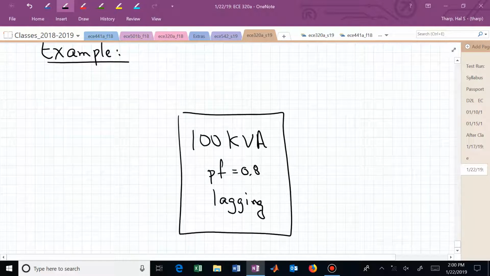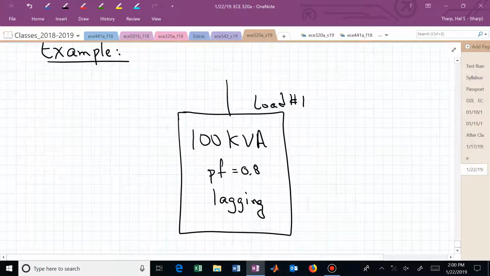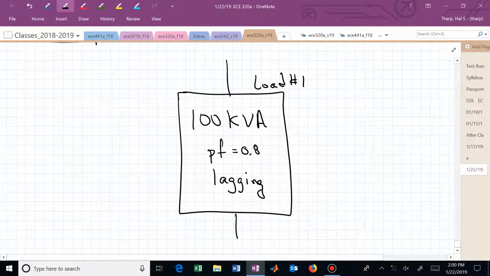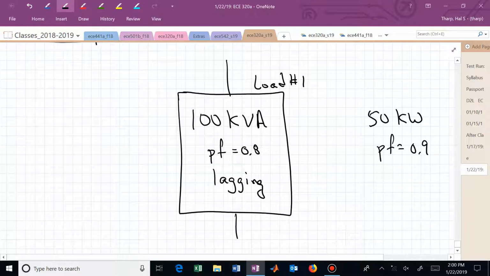So now we're talking about different loads being described or identified maybe with different components than maybe what we're used to seeing. We maybe up to this point always thought, well, you give me a real part and a reactive part and I'll be able to work. Well, now maybe we'll give you another piece or pieces of that complex power triangle. Let's say that load 2 is now 50 kilowatts with a power factor of 0.9, and it's leading.